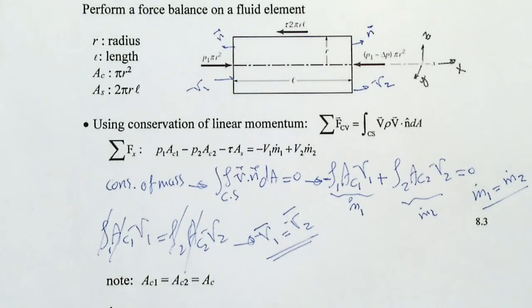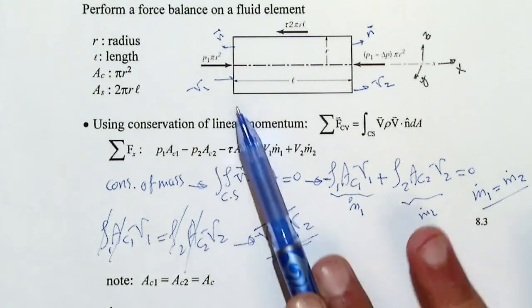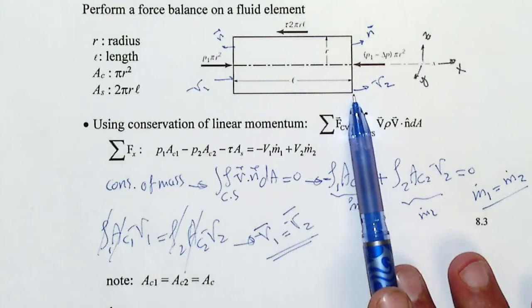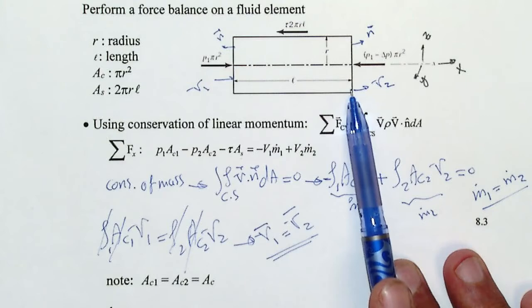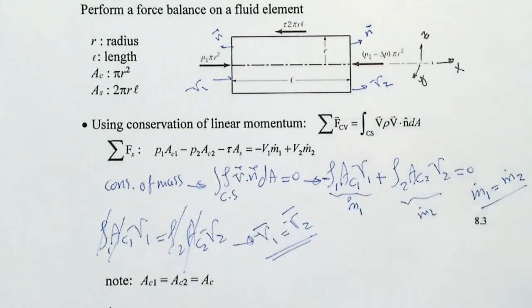But for now, we know that the velocity is equal, since the velocity profile is the same from here to here. Then we can say that the average velocity, which is the Q over A, and we talked about before how we can find the average velocity. It's the total volume flow rate over the area, when the velocity locally changes.